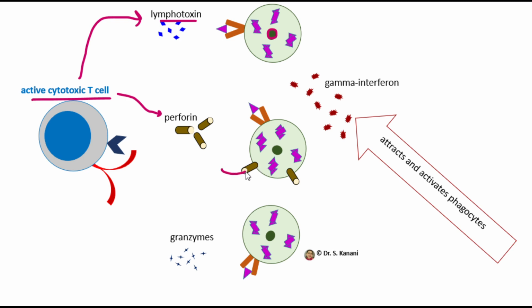Through these tiny tubes, the extracellular fluid flows into the infected cell and the cell bursts. Cytolysis happens. Another group of chemicals released from active cytotoxic T cells are granzymes. These are protein digesting enzymes that when infected cells receive them, apoptosis in this cell is going to start. Recall, apoptosis is the programmed cell death.